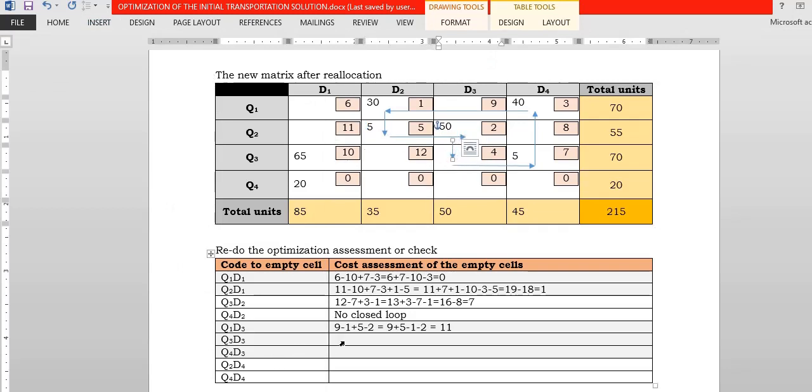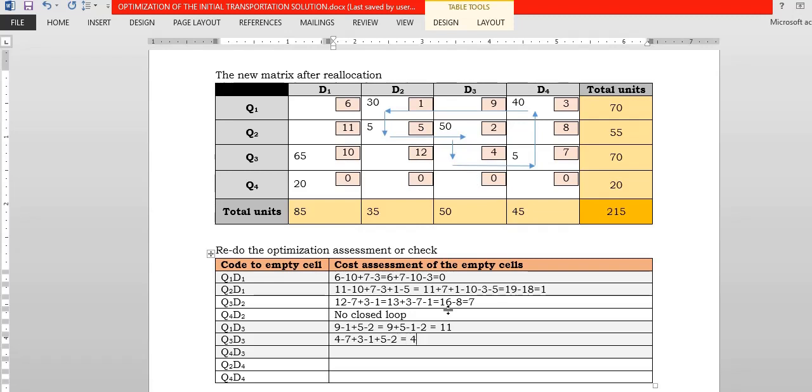So with this closed loop now we shall have, starting with the empty cell, it is 4 minus 7, okay, plus 3, okay, minus 1, okay, plus 5, minus 2. So let's see what we get.